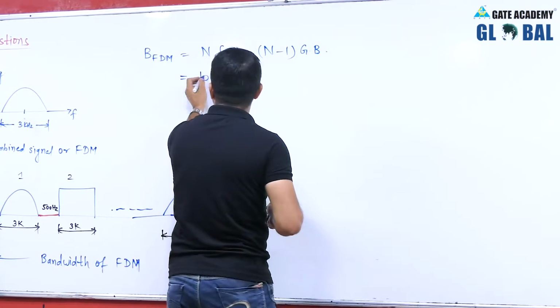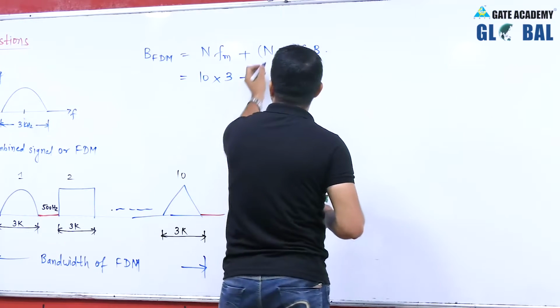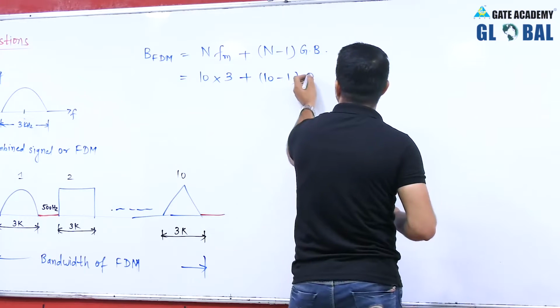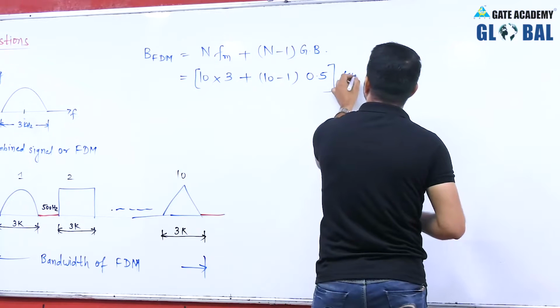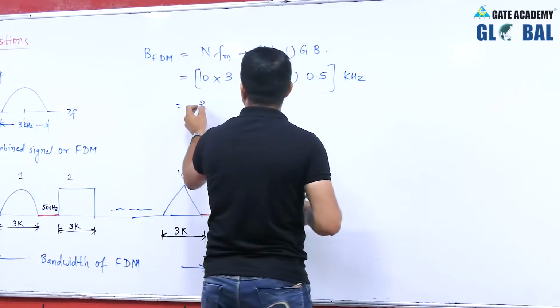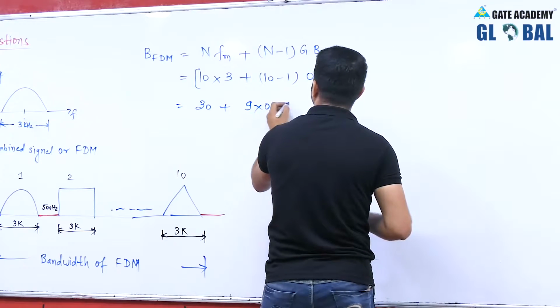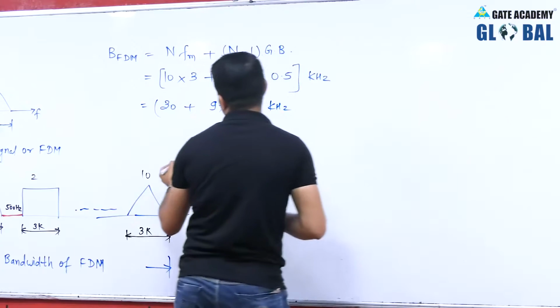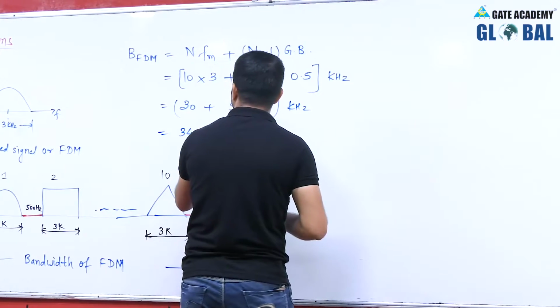So we have 10 users, each having 3 kHz bandwidth, and 10 minus 1 times the guard band, that is 0.5, all in kilohertz. So here we get 30, and here 9 into 0.5, that is 4.5. So we are getting 34.5 kilohertz.